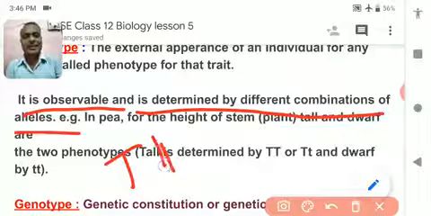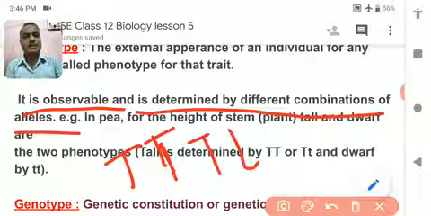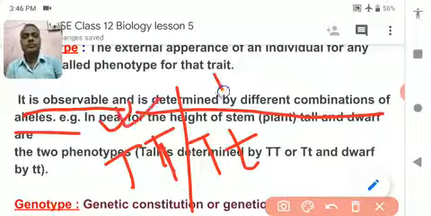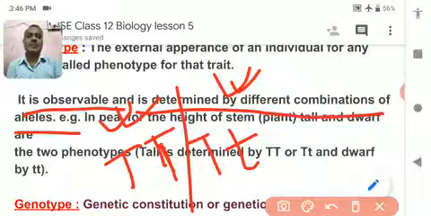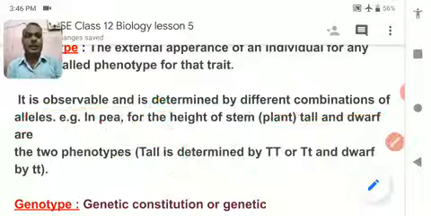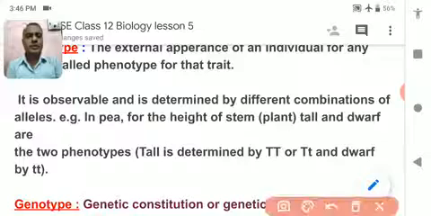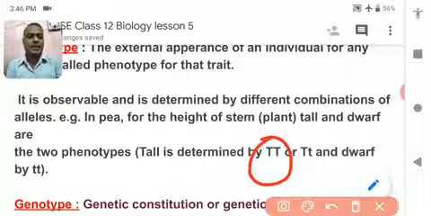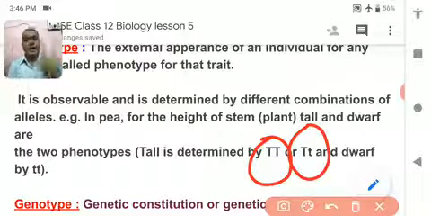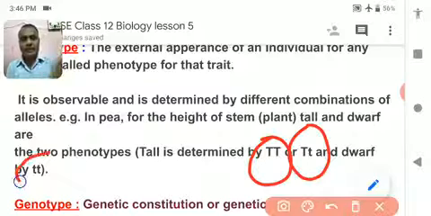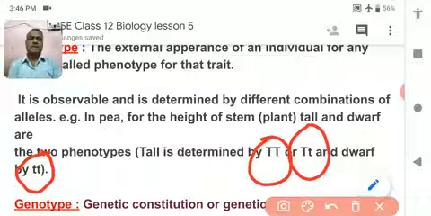This is one combination of allele, capital T, and this is another combination of allele, capital T small t. Both of them are tall, so they are different combinations of allele. Understood? In P, the height of stem, tall and dwarf, two different allele can represent the tallness, and only one allele will represent the dwarfness, that is small t.